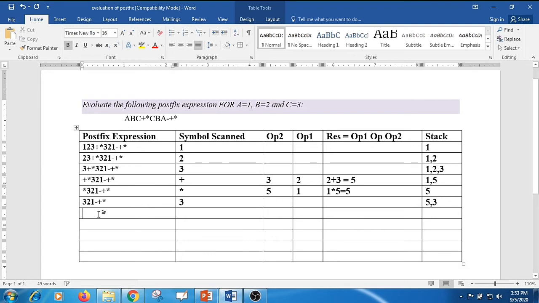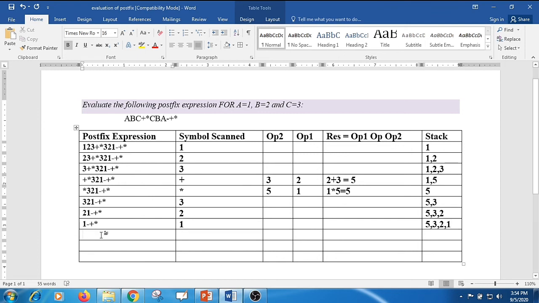Next I read the symbol 2 and push it directly onto the stack. Then I read the symbol 1 and push it directly onto the stack.